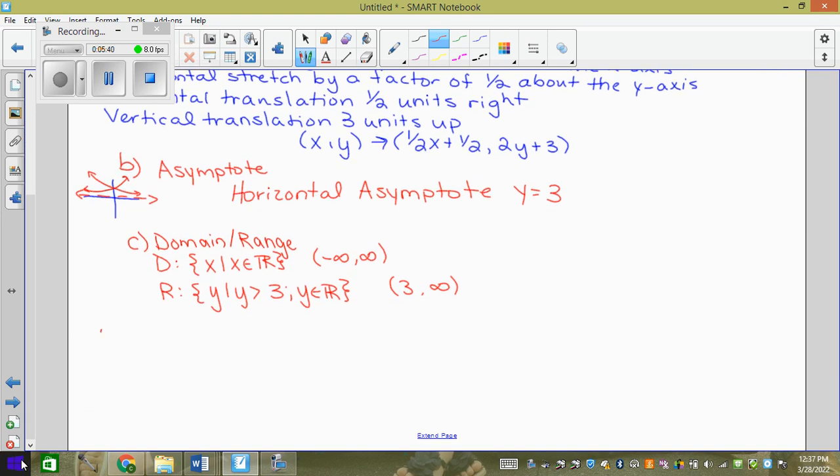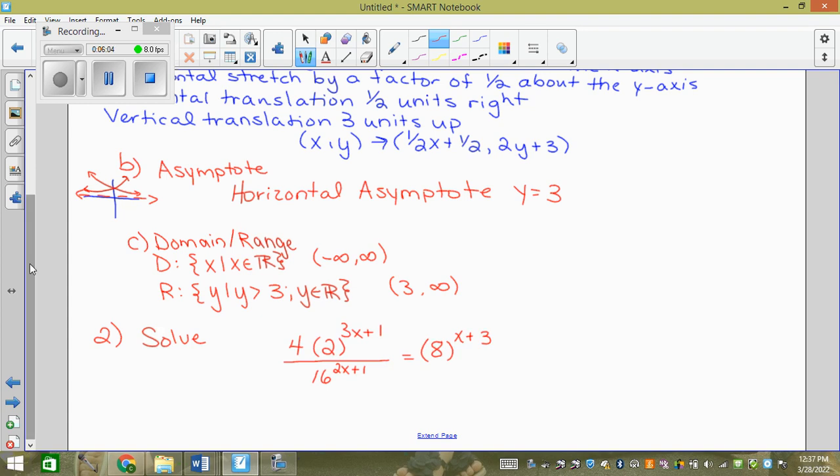Okay, question 2 for you to try, and 3. 2, I'm going to get you to solve. 4 times 2 to the 3x plus 1 over 16 to the 2x plus 1 equals 8 to the x plus 3. I want you to solve that one. How are we going to solve it?